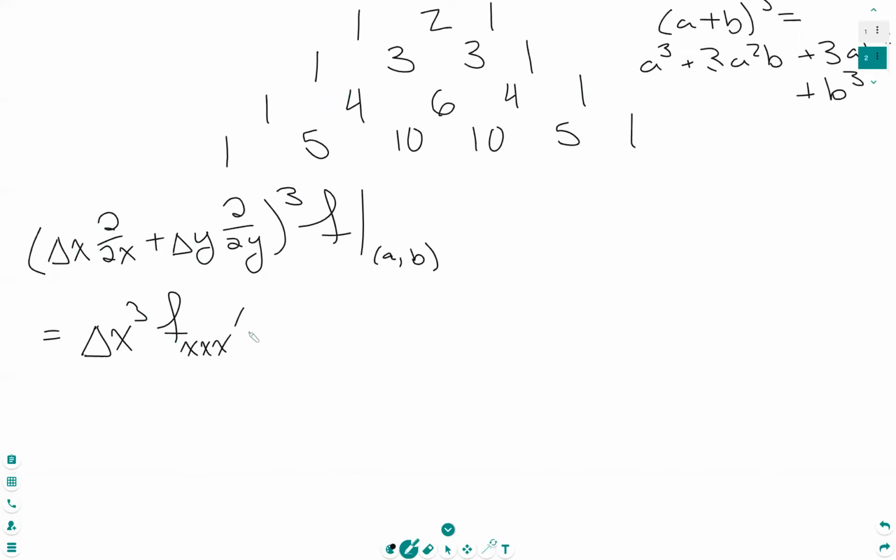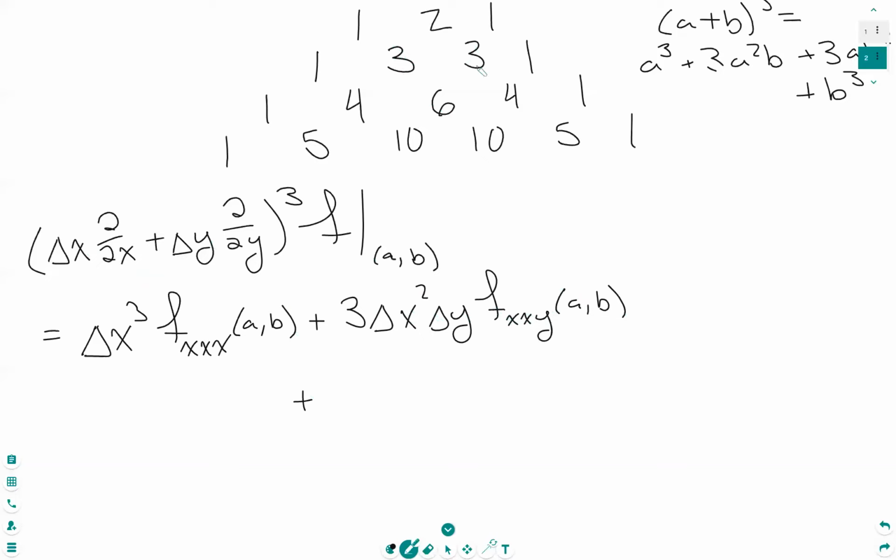The third derivative at (a, b). Then I go down 1 in x, but remember my coefficient here is 3. So 3 delta x squared delta y f x x y at (a, b). Then I go down in a power in x and up in a power in y.